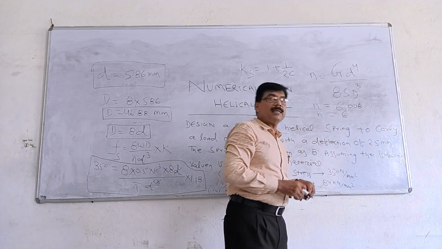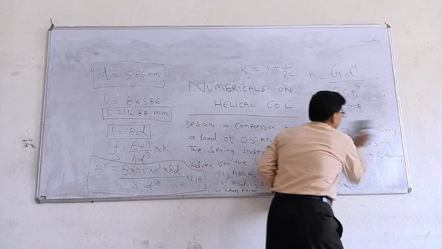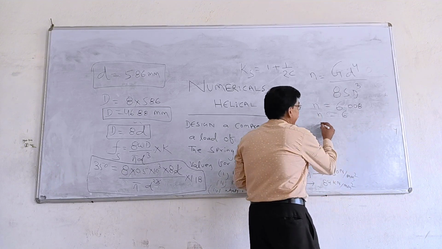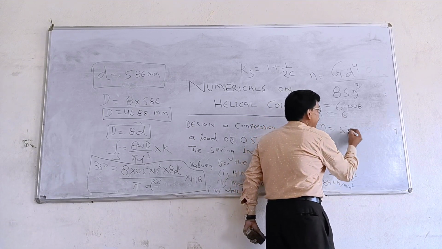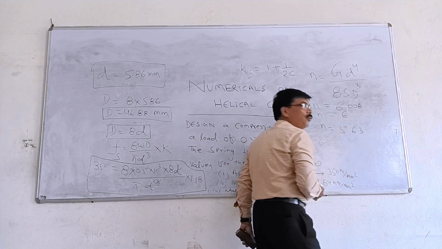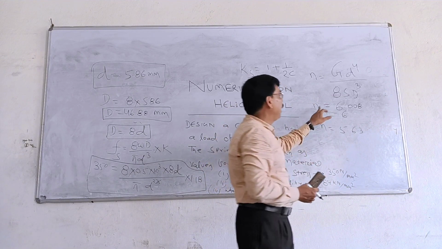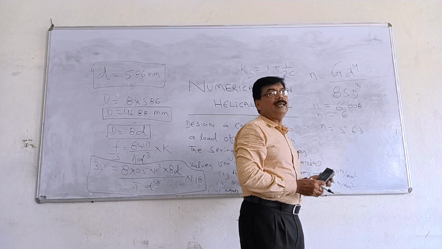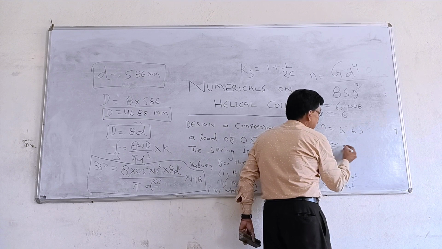But in some of the cases, n may come as 5.63, in this decimal form. So this 5.63 will be assumed as n approximately equal to 6.